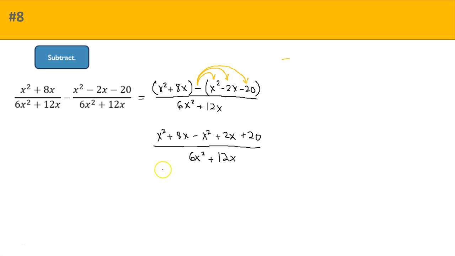Okay, now we can go about combining like terms. We have an x squared and a negative x squared. They end up giving you 0. And then we have an 8x plus 2x. 8x plus 2x is 10x.